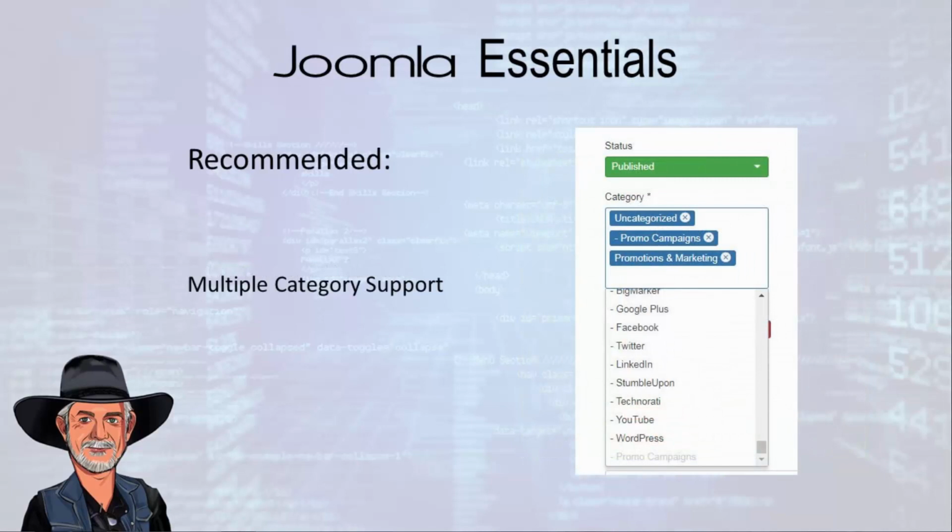Alright, then we also have multiple category support. This is very useful, especially if you have an e-commerce store where your visitors may be coming to your site and then searching keywords to find what kind of products that you have. The keywords that your customers use for their search may or may not fit the exact match of your product.